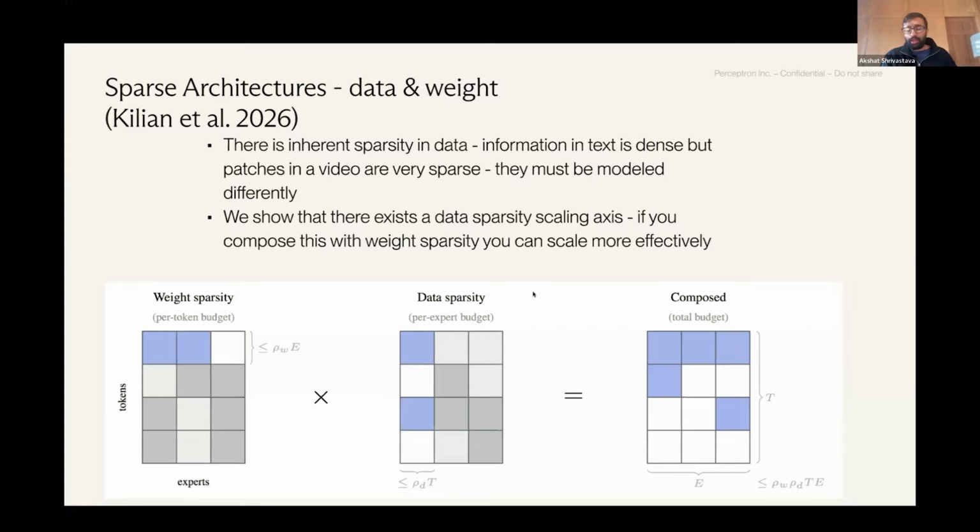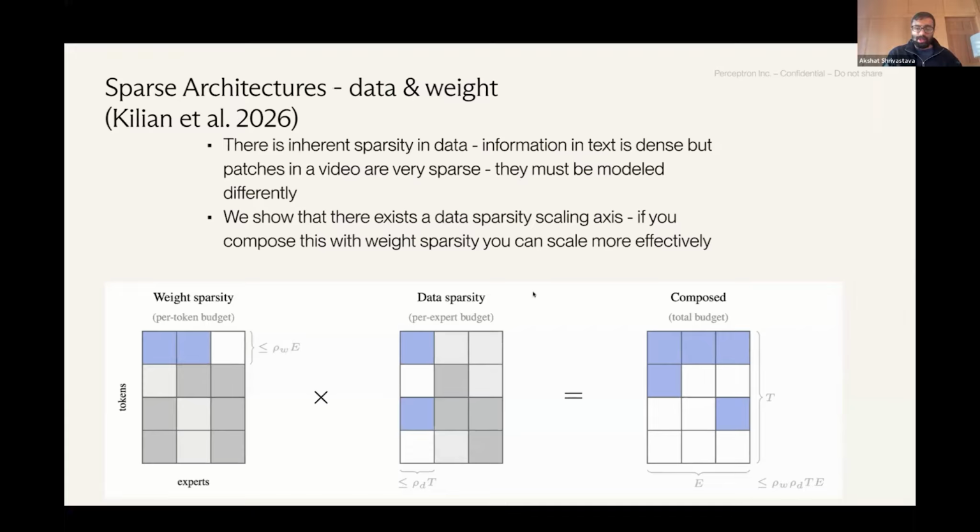The alternate that MoMA was poking at, and some of the other recipes we were focused on, is around data sparsity. The idea here is separate. Rather than thinking about it from a model perspective and a weight perspective, where a token has a capacity of certain experts it can take on, we swap it the other way.